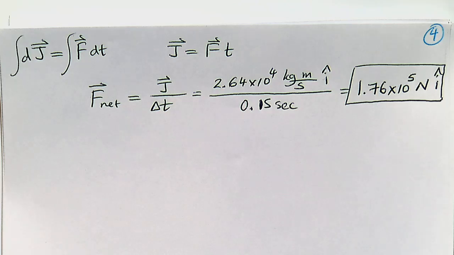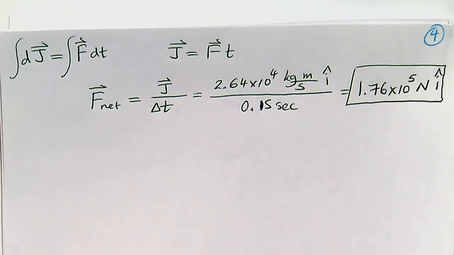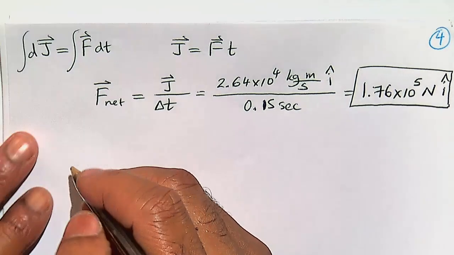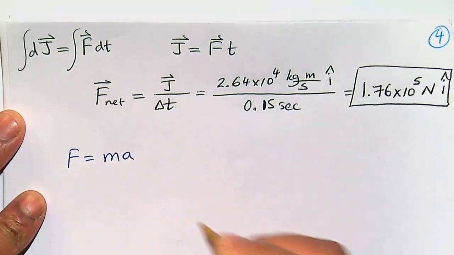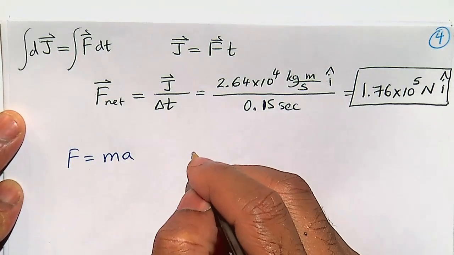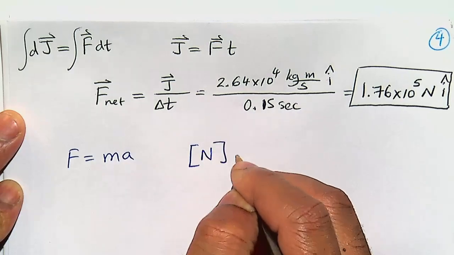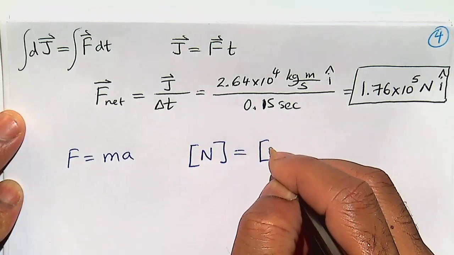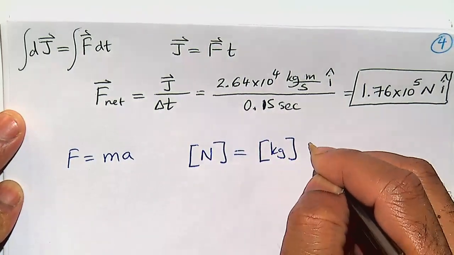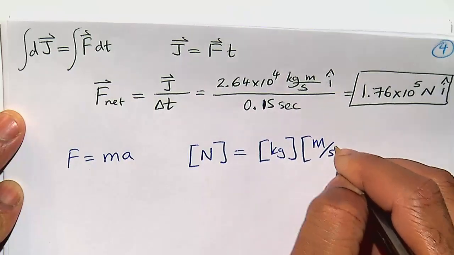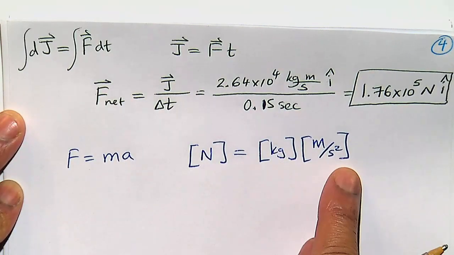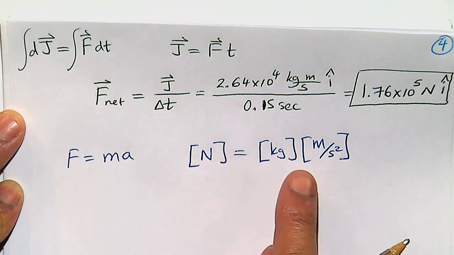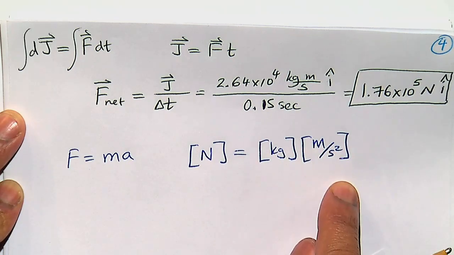Oh yeah, so remember newtons are derived units. If we write F equals ma, the units of that are newtons equal to kilograms meters per second squared. So when we say a newton, we mean a kilogram times meters divided by second squared.